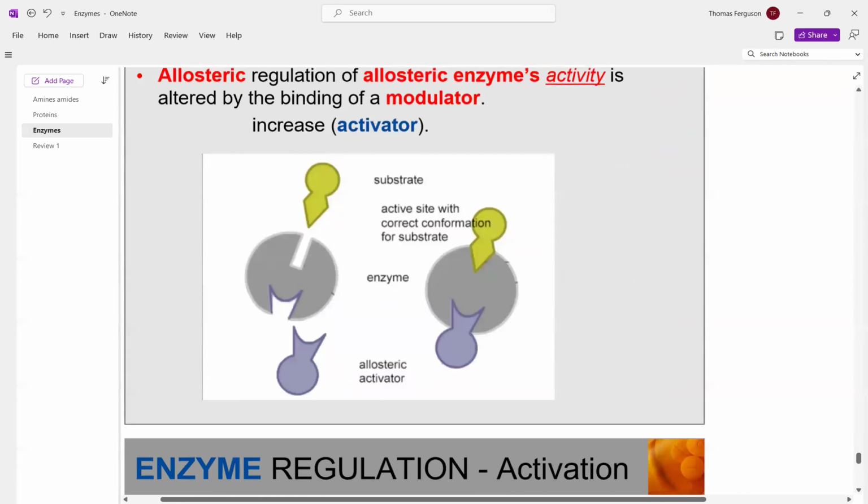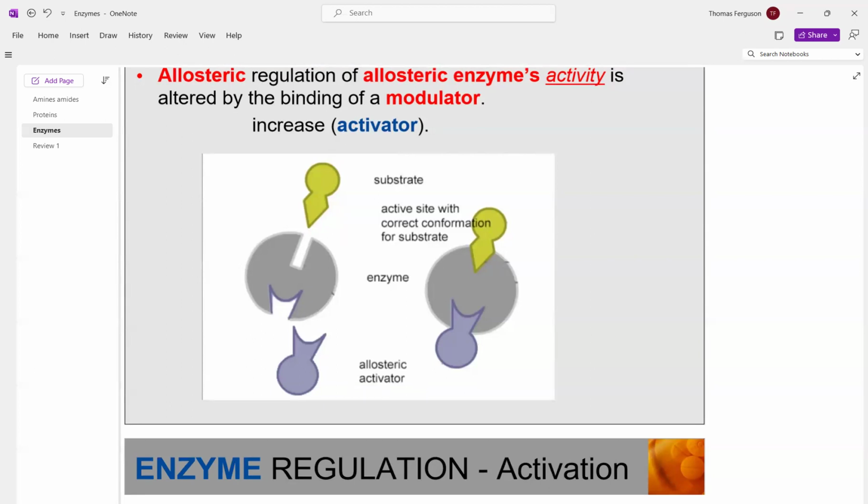If the active site is not conducive to the substrate coming in, but once the allosteric activator is in the other site, it changes the shape of the active site so the substrate can then fit in. That's considered activation. So there's allosteric inhibition and allosteric activation.